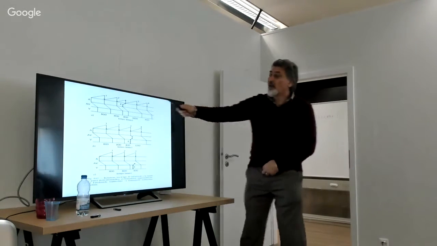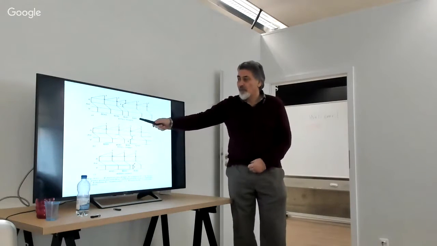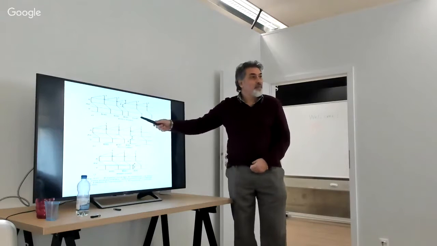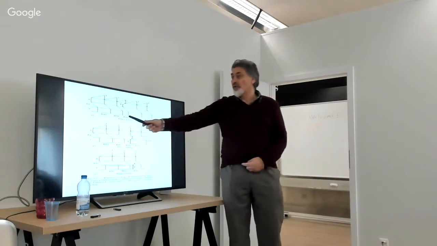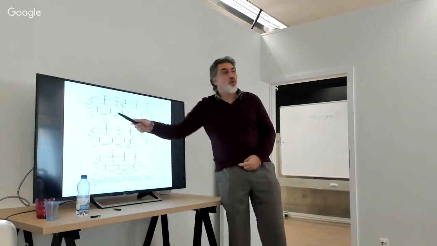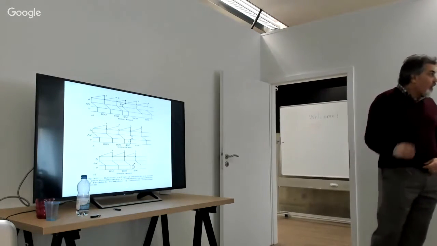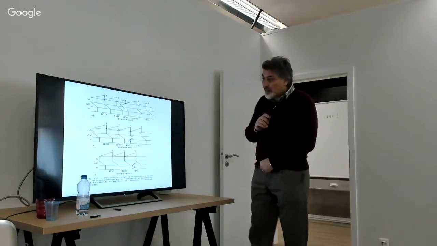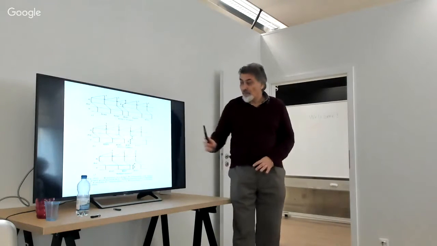So the sinoatrial node restarts its work, and you have the next beat. Non-compensatory pause. Non-compensatory, because if you sum this plus this, it is less than 2 regular beats. If the beat starts in the ventricle, what happens?